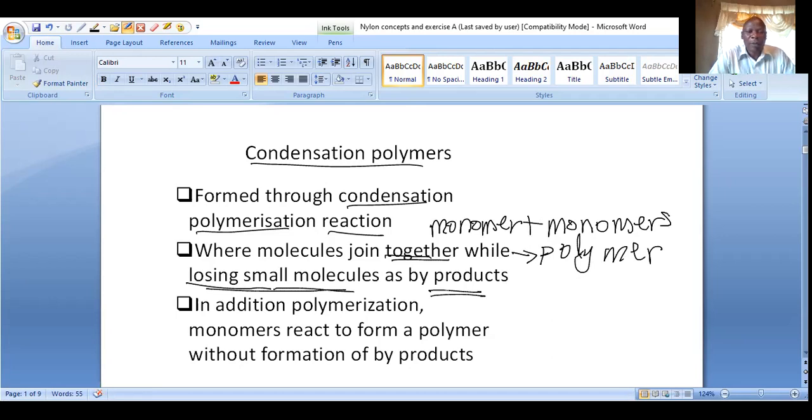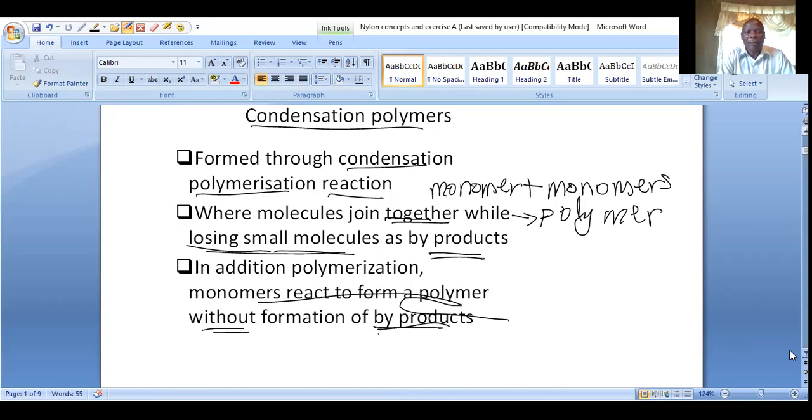While in addition polymerization, as I indicated earlier, the monomers react to form a polymer without the formation of a byproduct. So this is the typical difference between condensation polymerization and addition polymerization. But for today, we are concentrating on condensation polymerization.